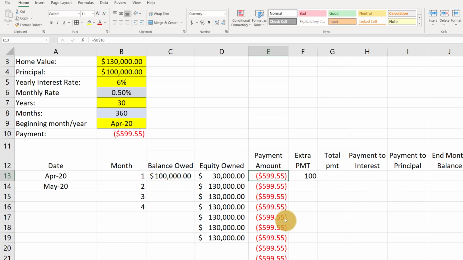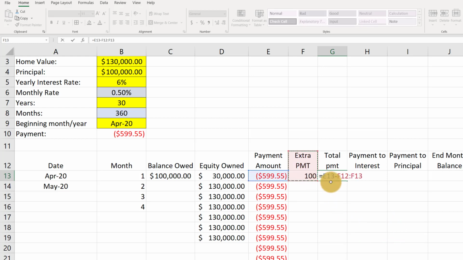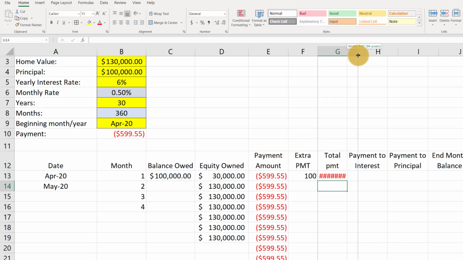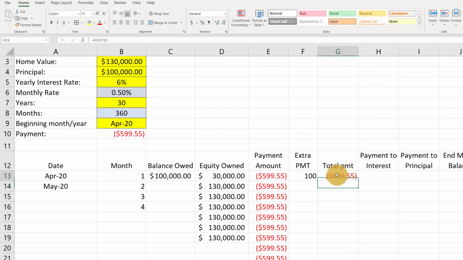But since this is a negative number, let's subtract the 100 from it to make it a bigger payment, a bigger negative number. So we do equals $599.55 minus 100. And let's see, this should be $699.55, right? So we've voluntarily increased our payment so that we can pay this down a little quicker. Now let's delete that for now. We'll come back and we'll play around with that.